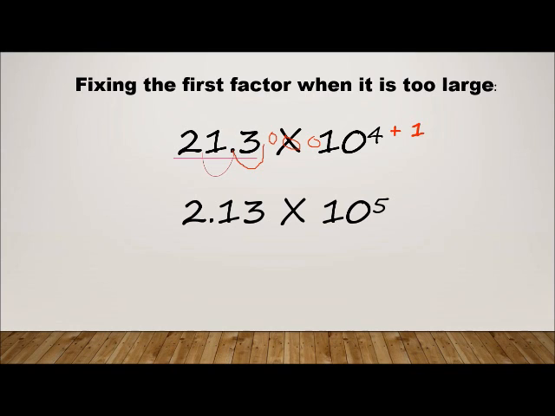Now let's look at the second one. 2.13 times 10 to the 5th. I would move that decimal twice to get behind the 3, but now I have 3 more movements, so I would add 3 more zeros. We can now see that the way that we added a power did fix this number to be in scientific notation, but the values did stay the same.